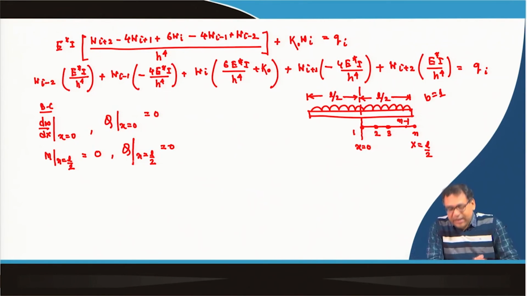Both ends are free and it is a symmetric condition, that is why we have taken only half portion of the beam. Next class I will give you the idea how we can apply these boundary conditions and this equation on these 4 nodes, that means node 1, node 2, the nth node and the n minus 1 node. Thank you.